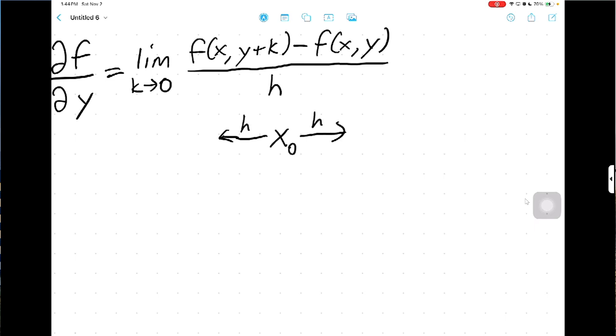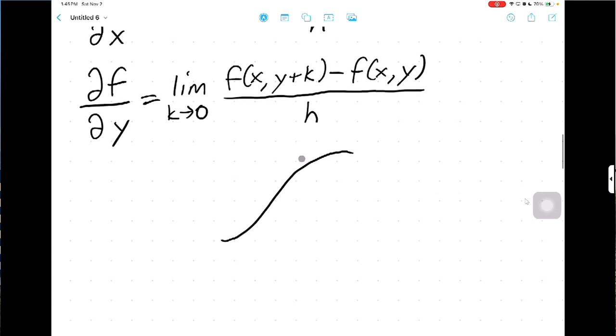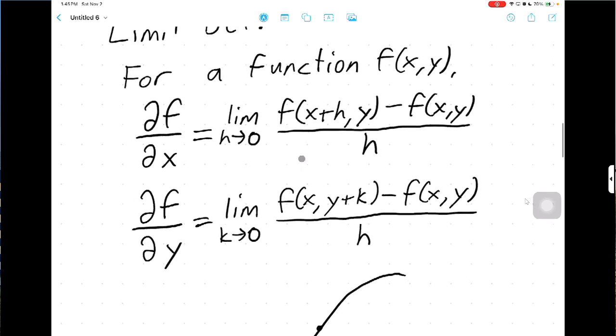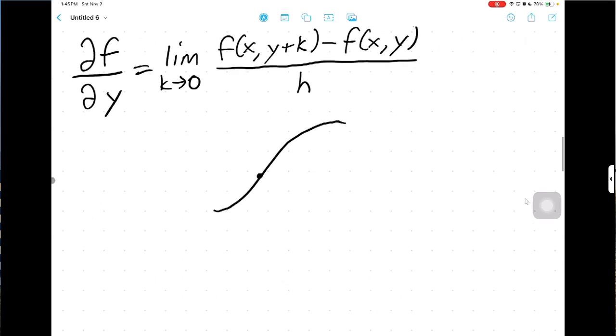Let's say we have a value x naught, but this could be really any x. The idea is that for a certain curve in 3-dimensional space, if we wanted to find the derivative at this point, or the partial derivative with respect to x, we would try to move x closer and closer to x naught like this, and then we are holding the y constant here.